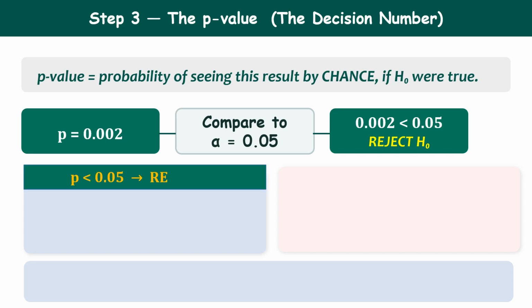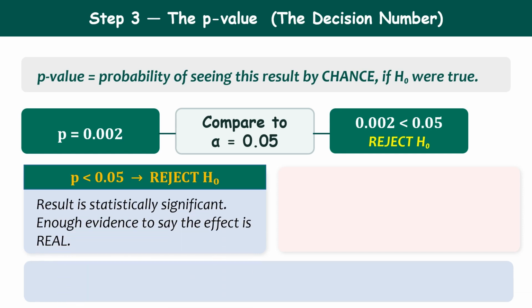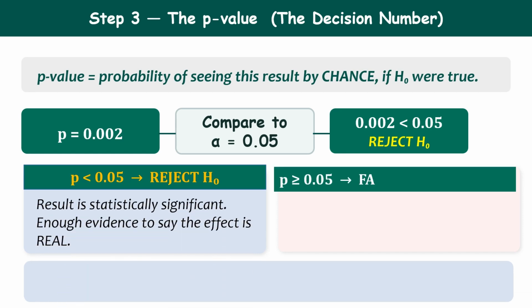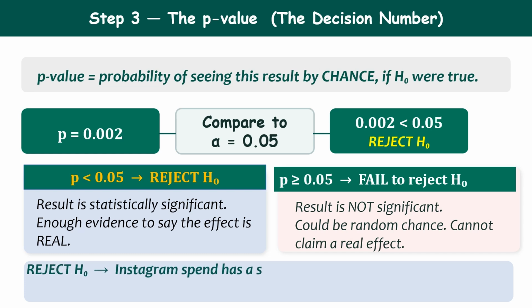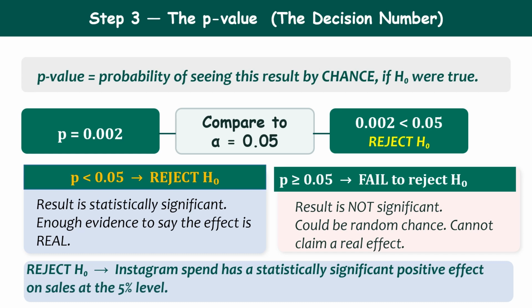P less than 0.05, reject H0, statistically significant. P greater than or equal to 0.05, fail to reject H0. Not enough evidence. Instagram, P equals 0.002, reject H0. Instagram spend has a statistically significant positive effect on sales at the 5% level.